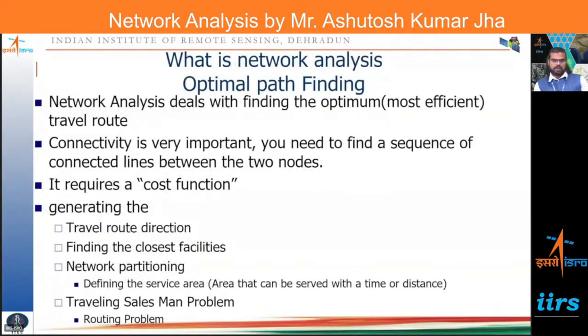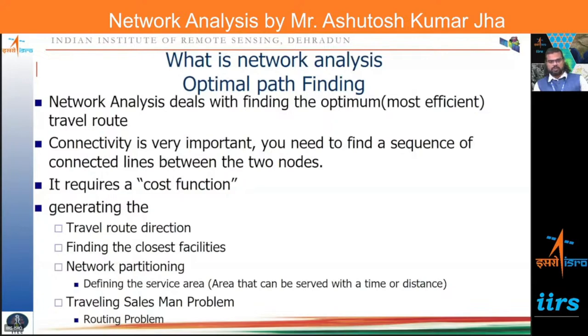So let's take an example of the optimal path finding kind of problems, where we need to find the travel route. Generally, travel routes include starting and ending points, along with the cost associated with that.